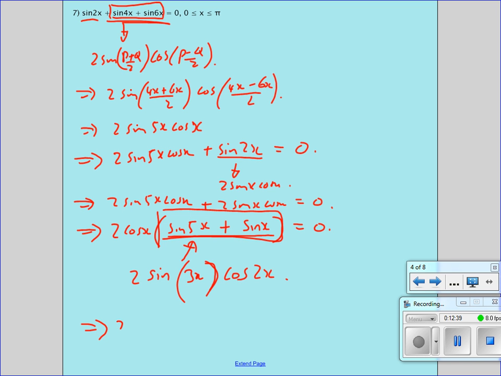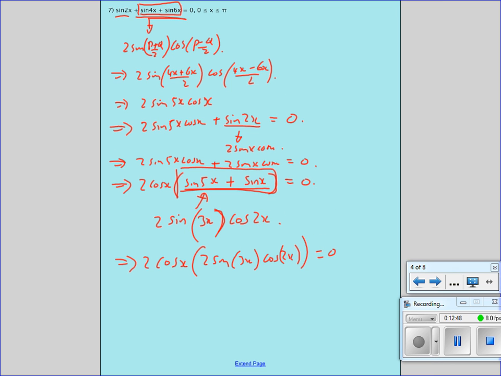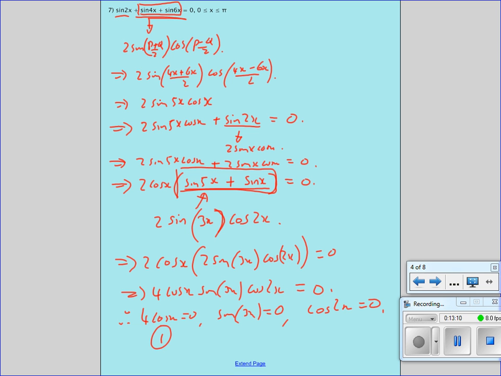So actually I have 2 cos x times 2 sine 3x cos 2x equals 0. If I expand that out, I have 4 cos x sine 3x cos 2x equals 0. Therefore, I can safely say that 4 cos x equals 0, sine 3x equals 0, and cos 2x equals 0. So I've got 1, 2, 3 solutions, as before.